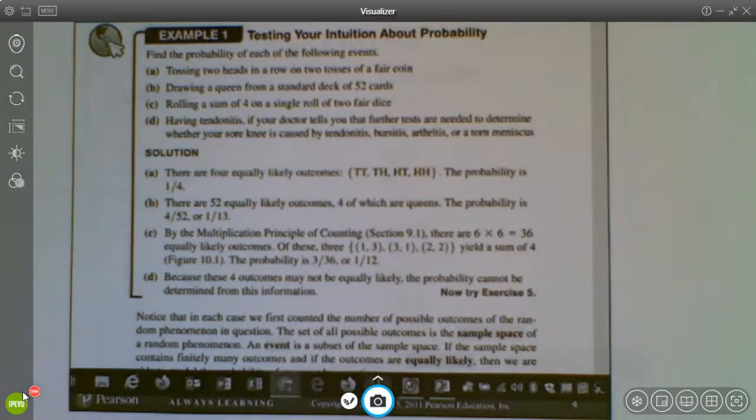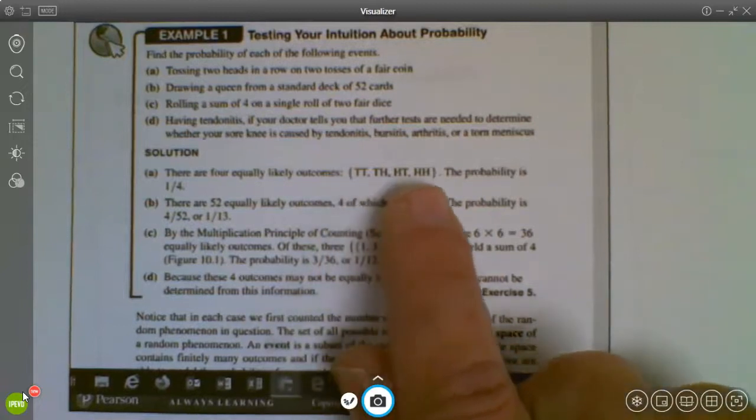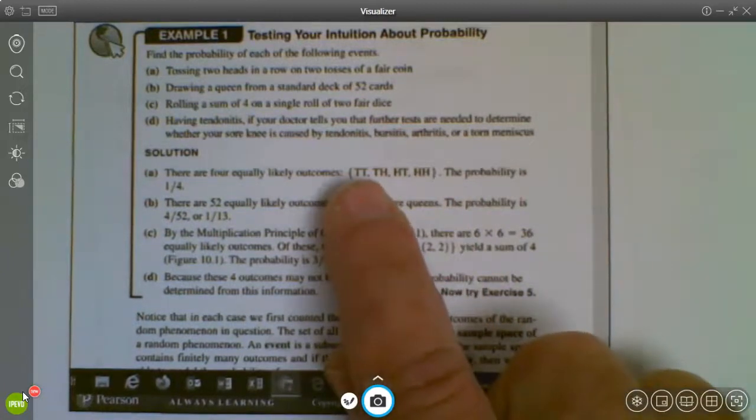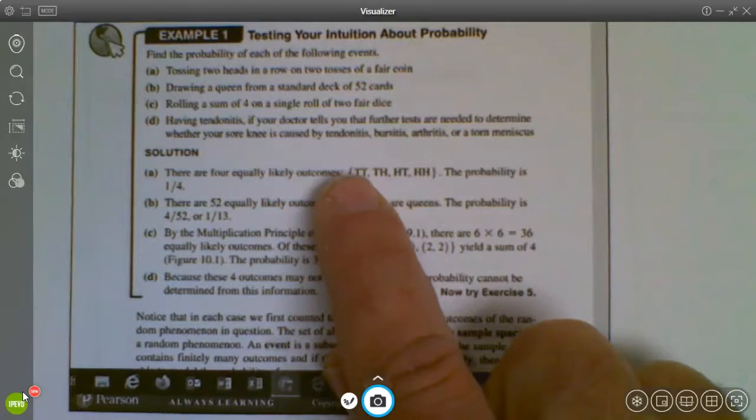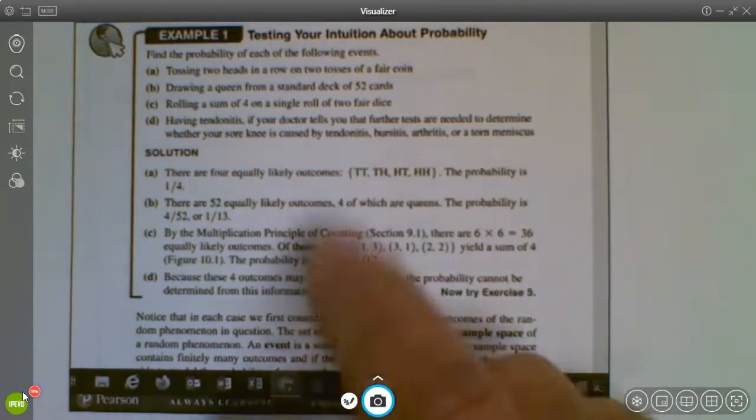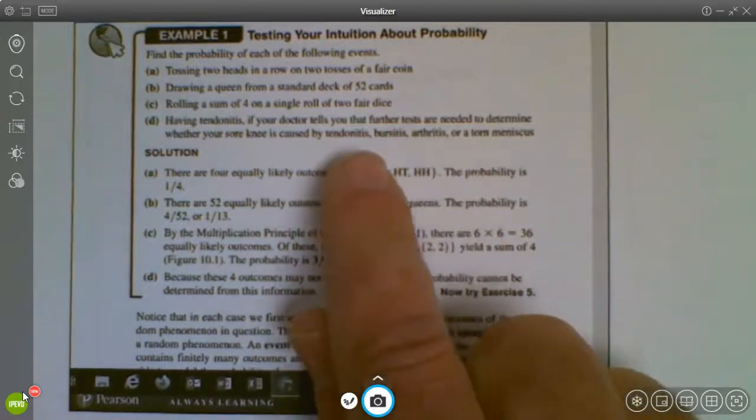When we talked about, let's just say these 4 outcomes, well, these 4 outcomes are equally likely, right? That's 1 out of 4, 1 out of 4, 1 out of 4, 1 out of 4, right? They're all equally likely.